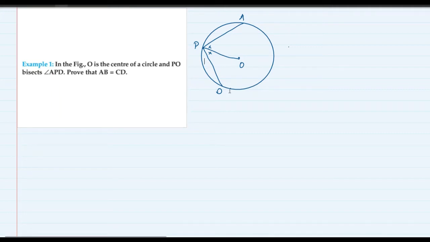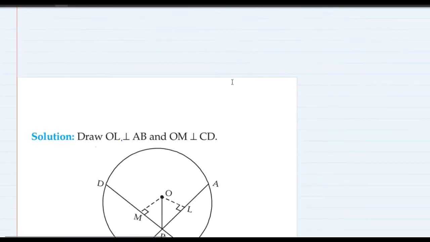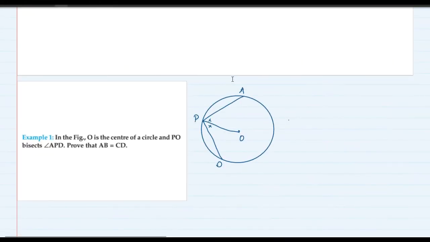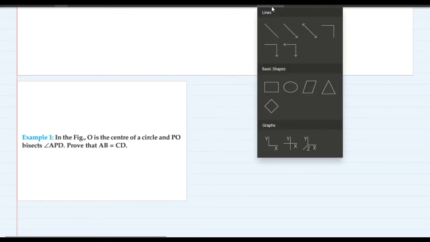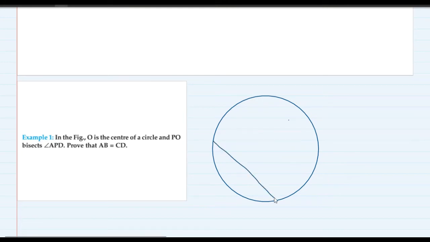Where is B and C? Okay, so my figure is a little different from theirs. Let me redraw this. So what they have drawn is something like this.